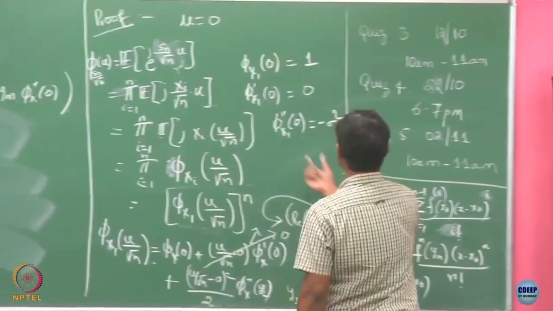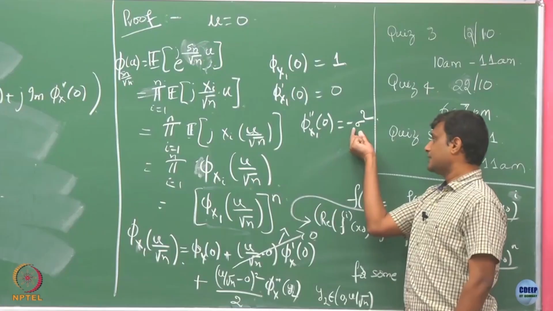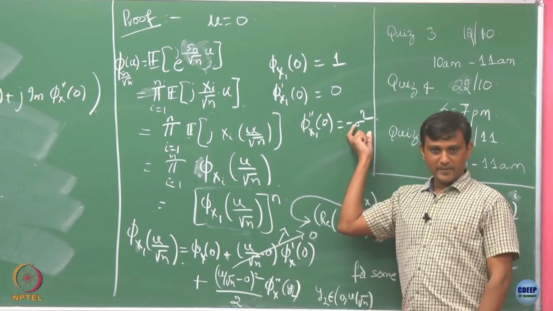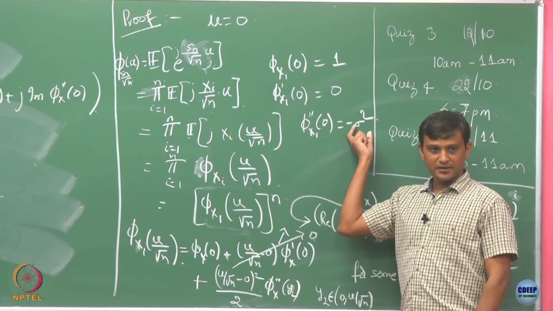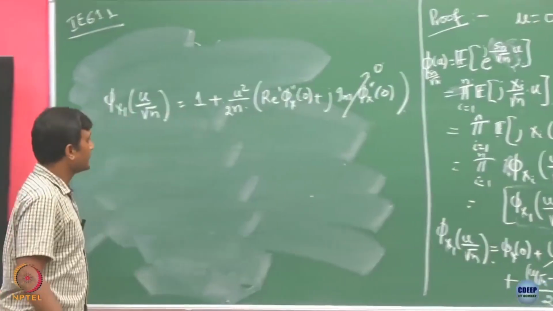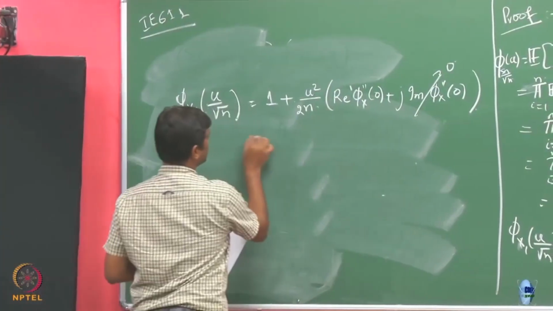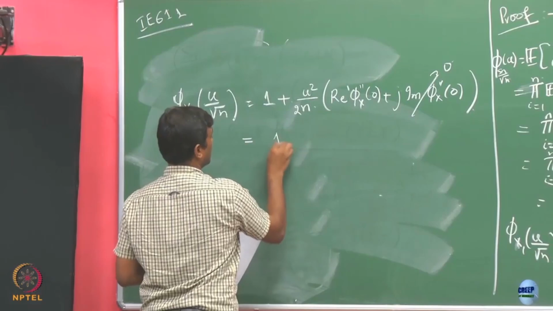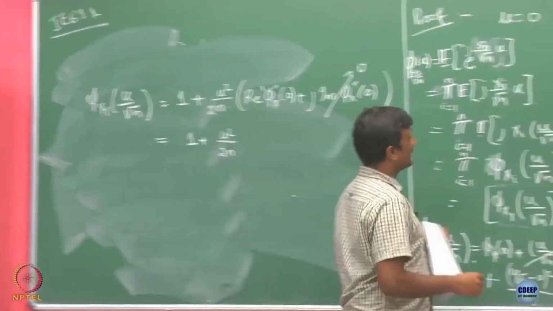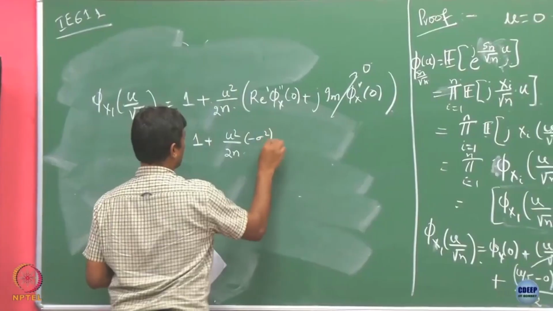So you see, when I write this phi double prime, its value is minus sigma square. So it has only a real part, there is no imaginary part in this, so I will ignore this part. What is this going to be? 1 plus u square by 2n times, and this part is simply going to be minus sigma square.